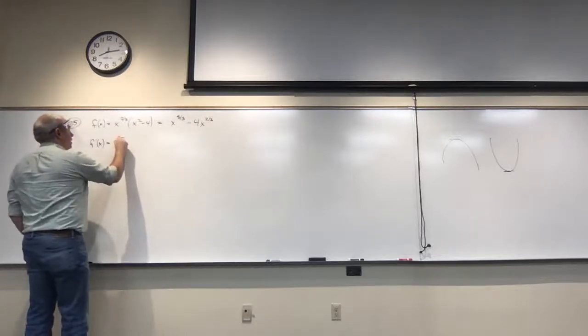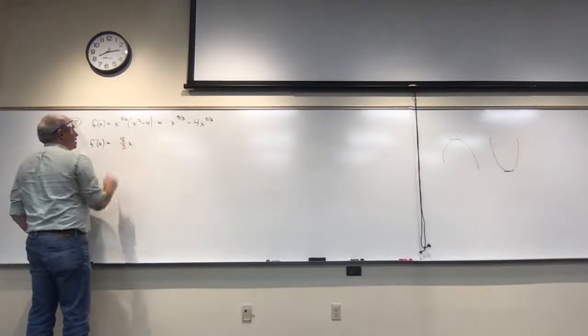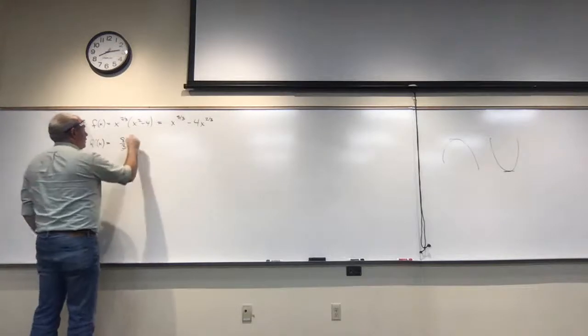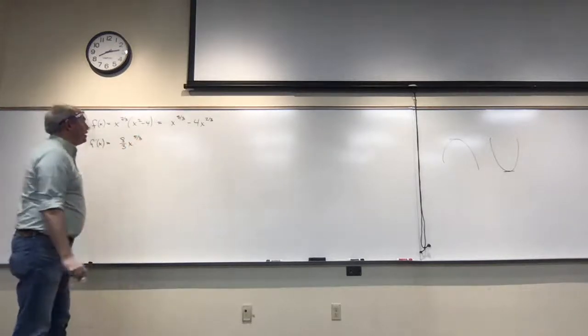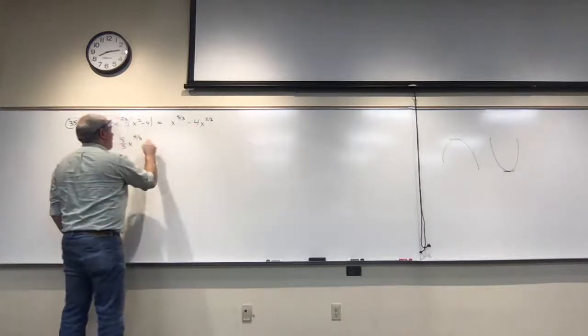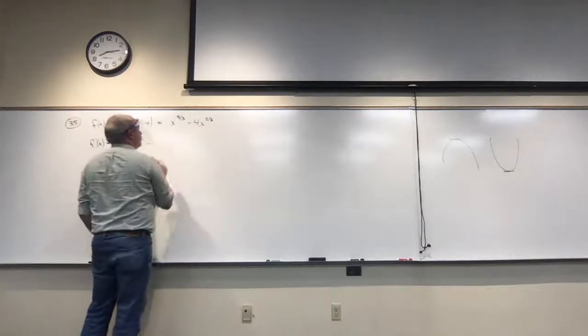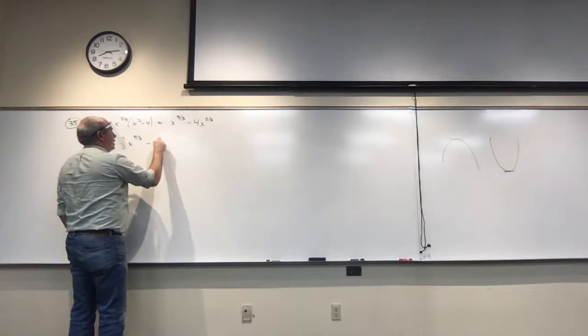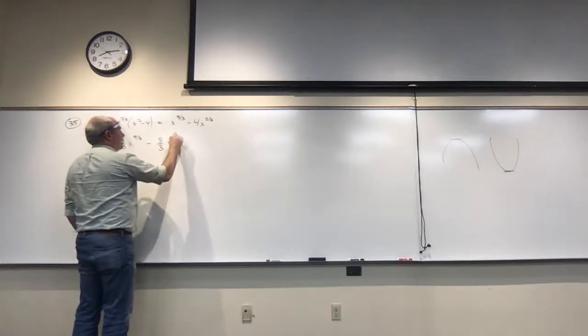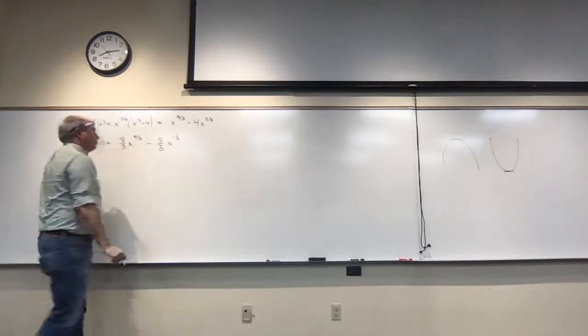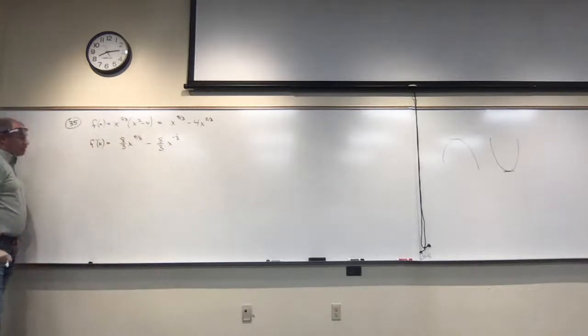So I will, and I get 8/3 x to the 5/3, I subtract 1. And then for the second one, I get minus 2/3 times 4 is 8/3 x to the negative 1/3. All right.